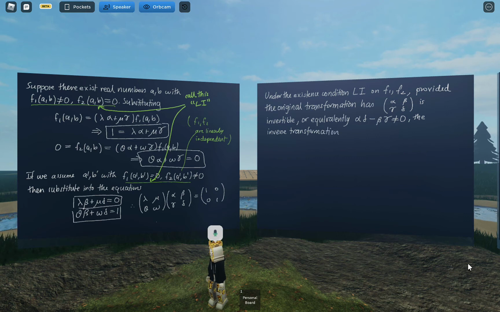Okay, so as long as that inverse exists, then I can solve the matrix equation here for the other matrix by multiplying on the right by the inverse matrix of alpha, beta, gamma, delta, and it'll give me the unique inverse transformation, which produces F1 and F2 from F1 prime and F2 prime.